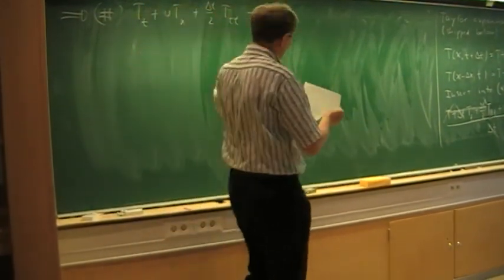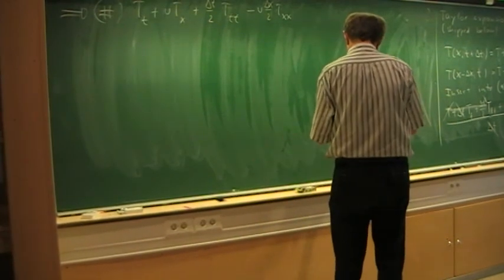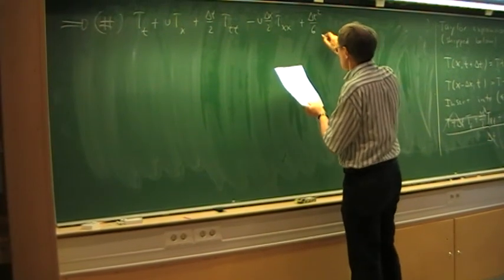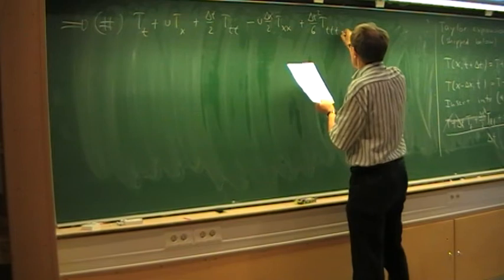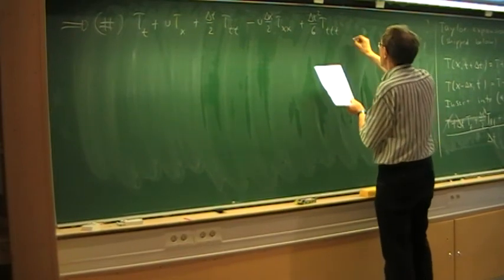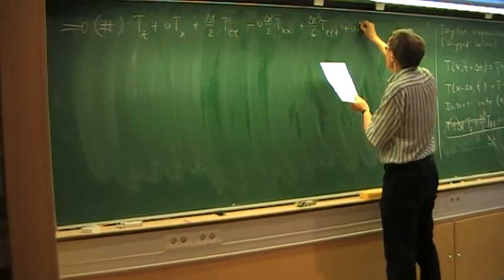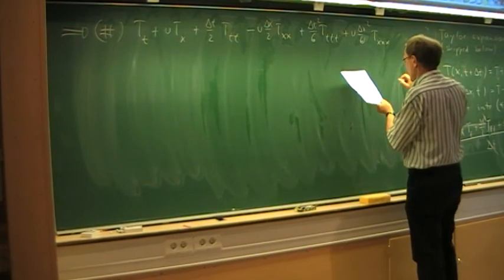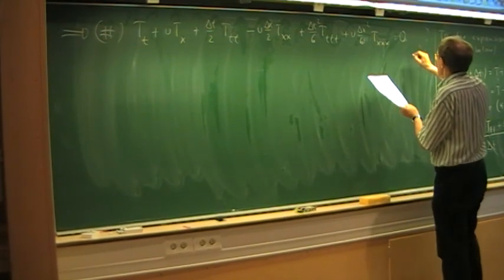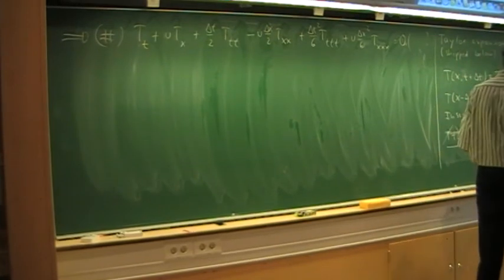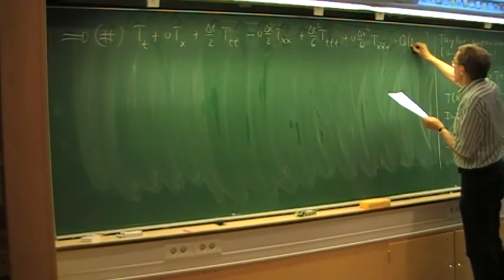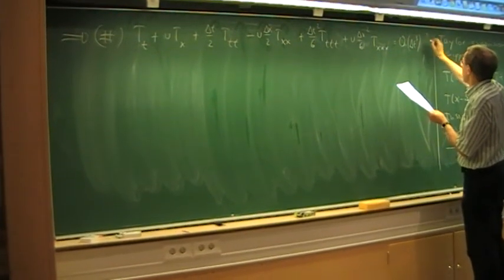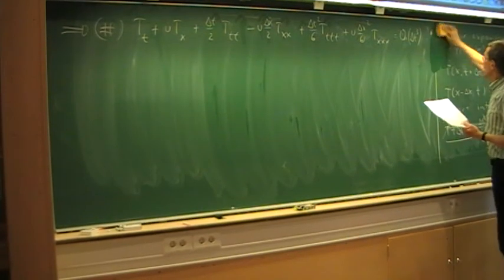First derivative, second derivatives, and now the third derivatives. First the time, delta t squared divided by 6, third time derivative, and plus u delta x squared divided by 6 txxx. And here I write the order terms, sign doesn't matter, to the right hand side. We have order delta t to the power 3, and we have order delta x to the power 3.